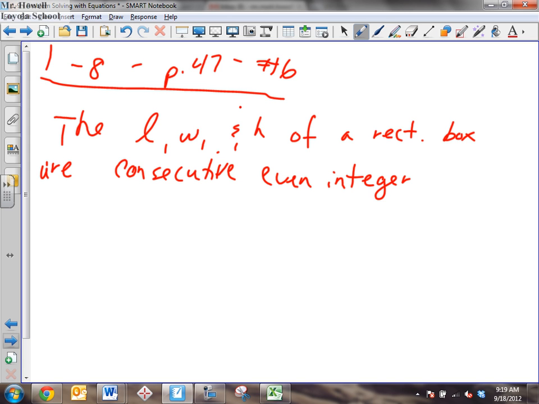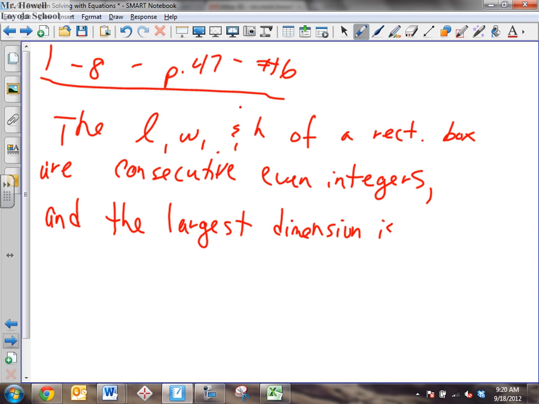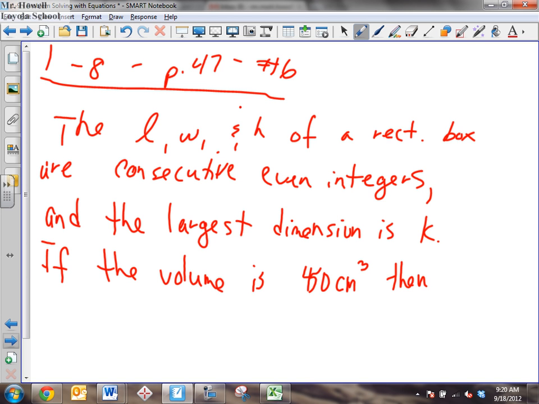This is another problem we're going to look at. Consecutive even integers, and the largest dimension is k. If the volume is, let's say, 450 cubic centimeters, then find each dimension. I'm deviating from the problem, just so you know, I apologize, I should have said it before.